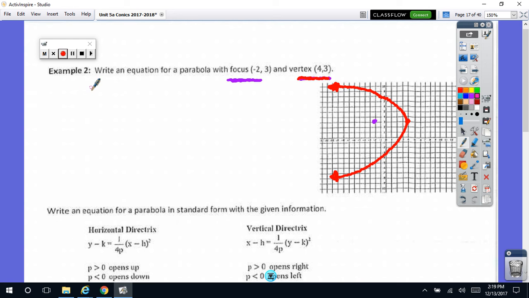To write the equation, I need an h, I need a k, and I need a p value. h and k you already have right here with the vertex. My p value is my distance, so 1, 2, 3, 4, 5, 6 steps. Which means if I want to draw the directrix, I go 6 more steps the other way, and my directrix will be right here.